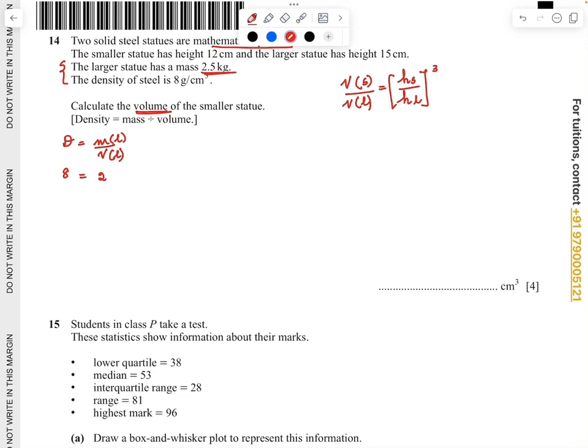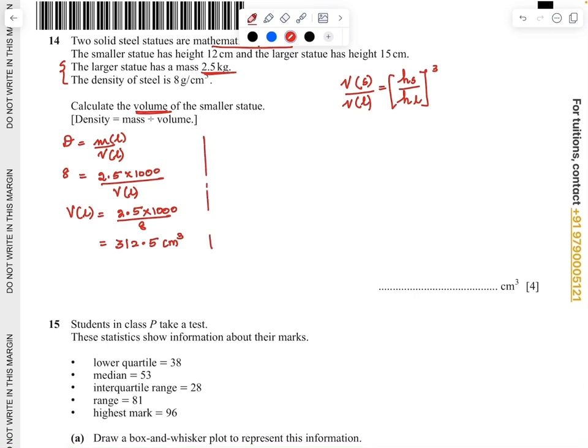Which gives us 8 equals 2.5 times 1000 by V of L. So V of L becomes 2.5 times 1000 by 8, which gives me 312.5 centimeter cubed.